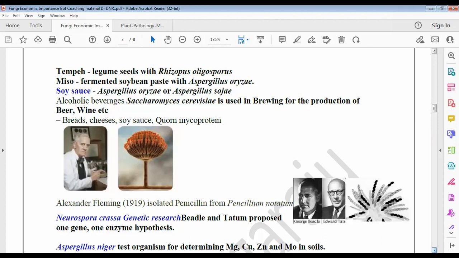French grapes, huh? What is the grape disease which caused the famine? Downy mildew of grapes. Don't you know? Downy mildew means the downside, the lower surface of the leaf, has white patches. The disease name is downy mildew, caused by Plasmopara viticola.